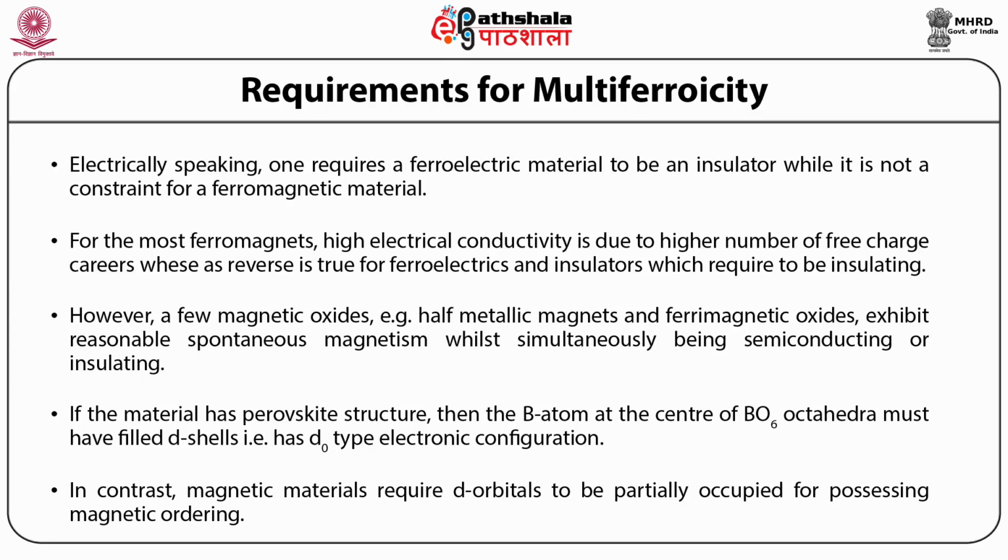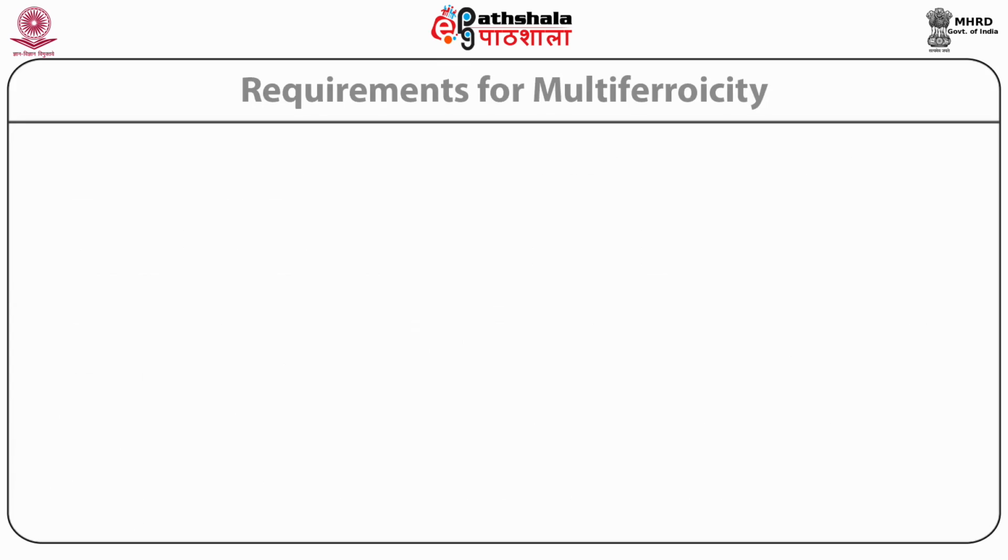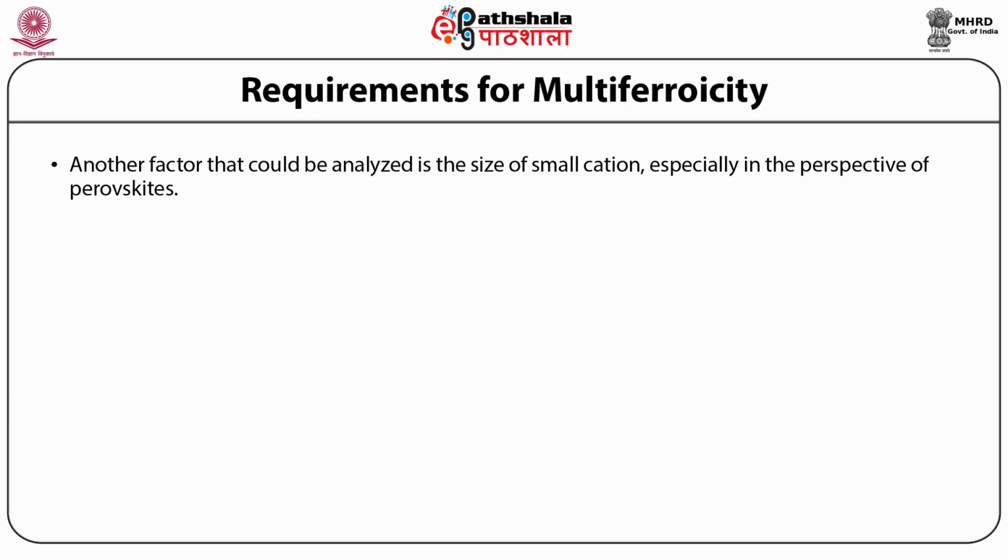In contrast, magnetic materials require d orbitals to be partially occupied for possessing magnetic ordering. The latter also imposes constraints on maintaining the center of symmetry in these systems. Another factor that could be analyzed is the size of the small cation, especially in the perspective of perovskites.